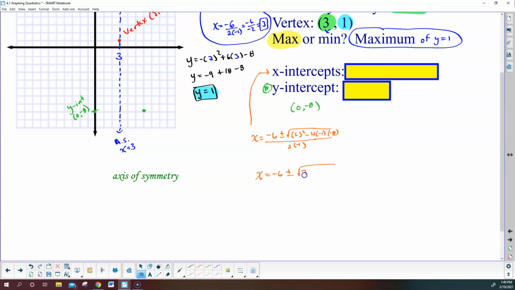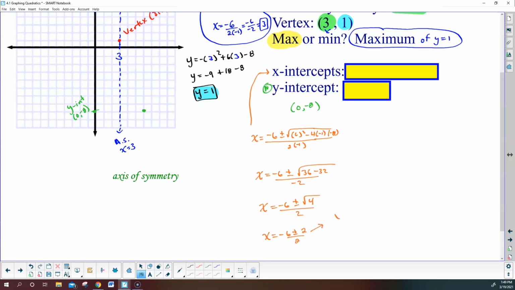So I'll end up with 36 minus 32 over -2. Then I actually have a very friendly 36 minus 32 is 4. Well, that actually gives me a nice friendly answer. Square root of 4 is 2.